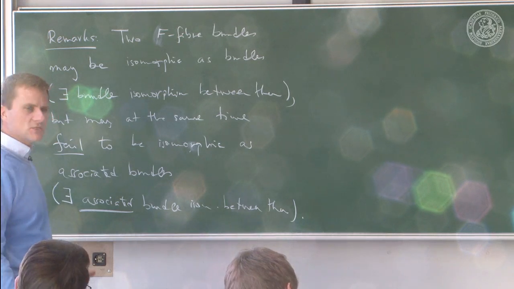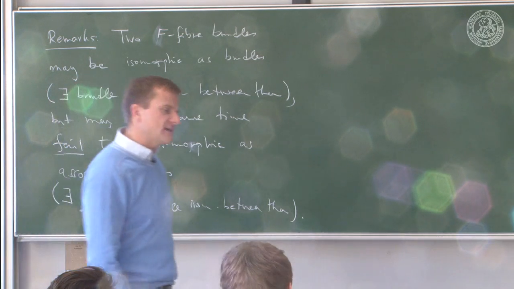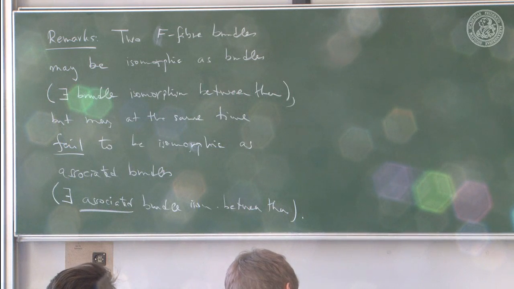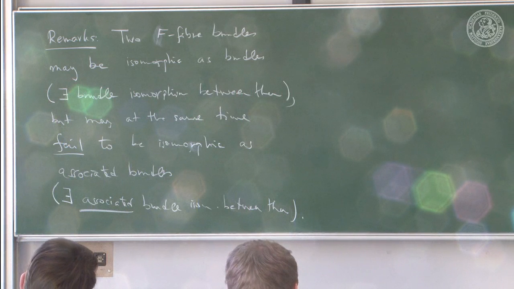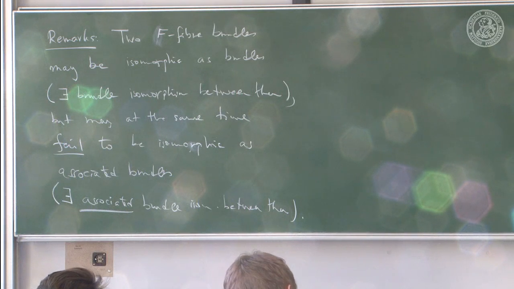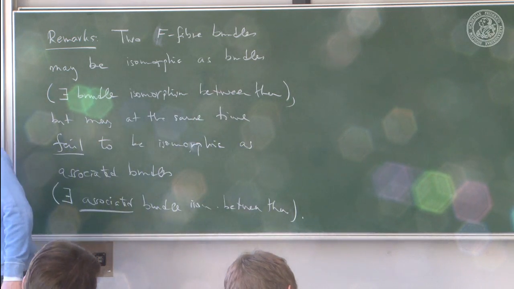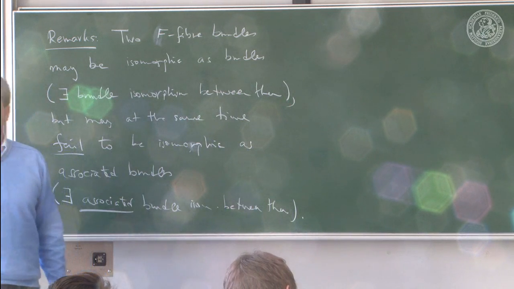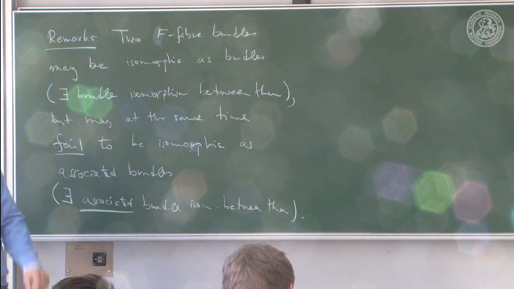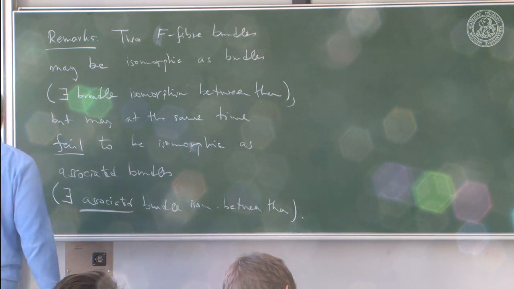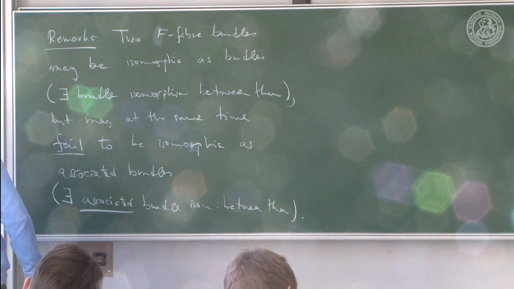Okay? Because there's more structure. So if this wasn't the case, then the definition would be vacuous. We could always use the fiber bundle definition for isomorphism or for a bundle map. But because this is the case, it really shows that there is more structure in a fiber bundle that arises as an associated bundle. This carries more structure than a plain fiber bundle.